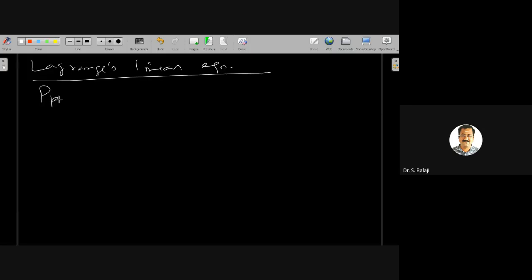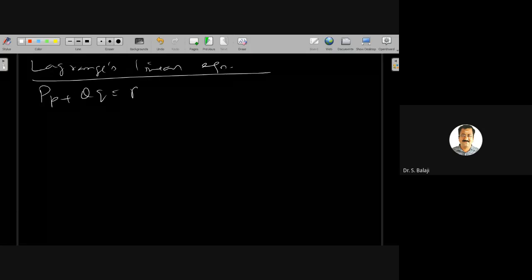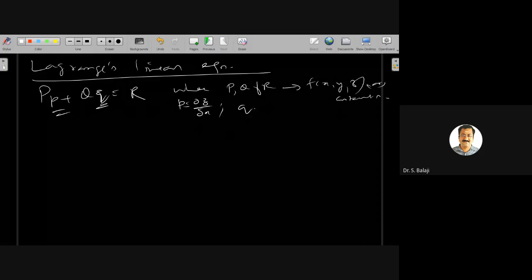Equations of the form Pp + Qq = R, where P, Q, R are functions of x, y, z. Small p is the derivative ∂z/∂x, standard notation, and q is equal to ∂z/∂y.